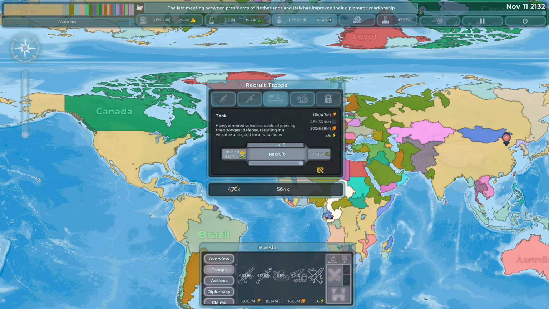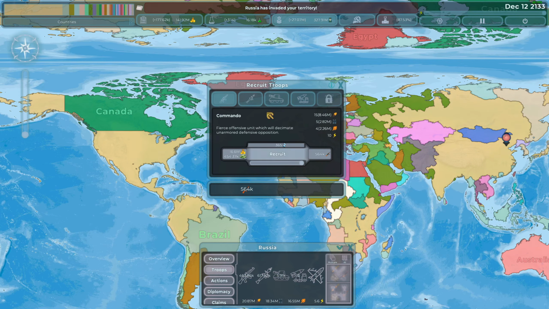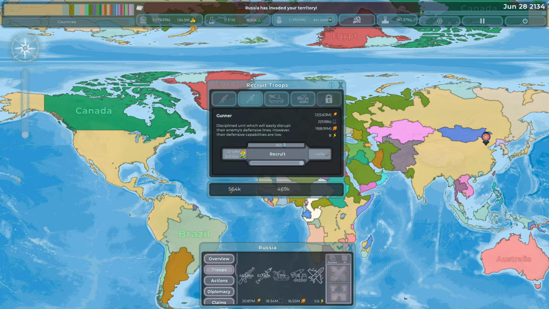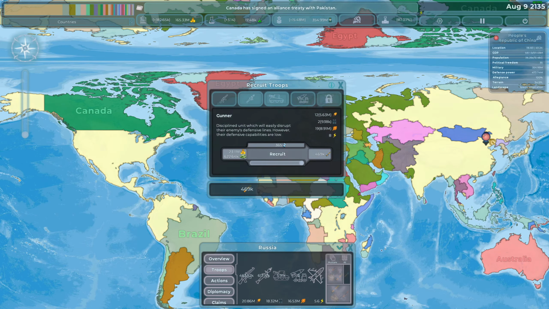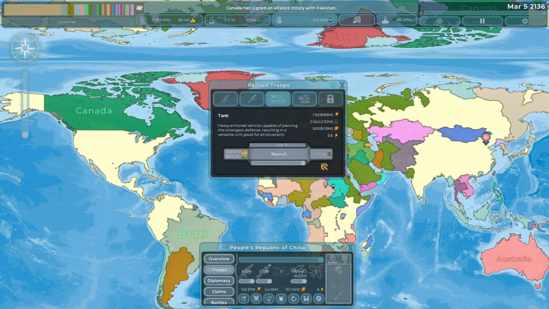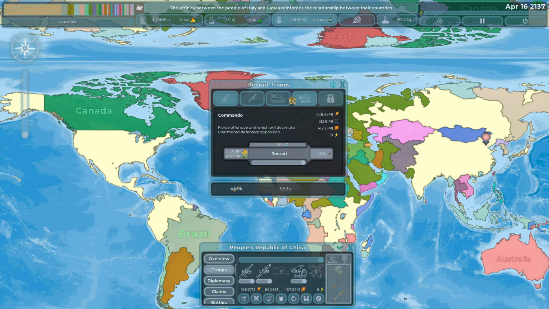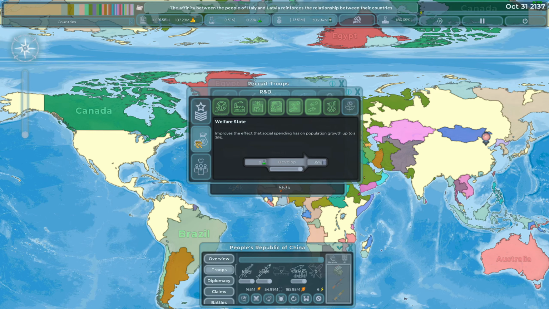Russia still has a significant army, but it's not large enough to impact how I'm going to play this game, though. So yeah, we were able to rebuild our army. You still got to continue to build.